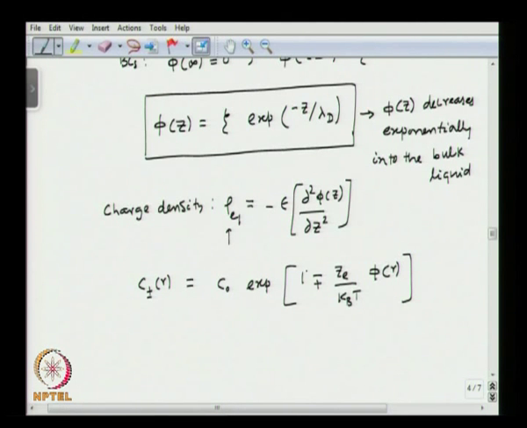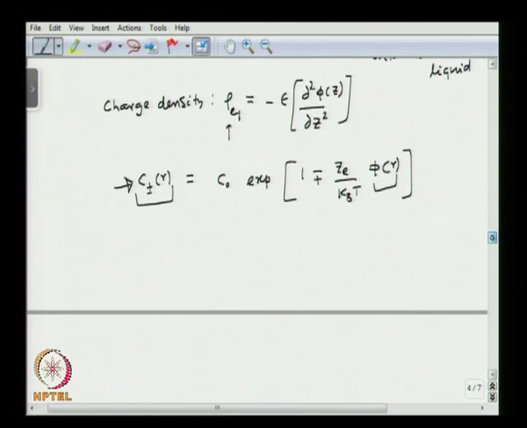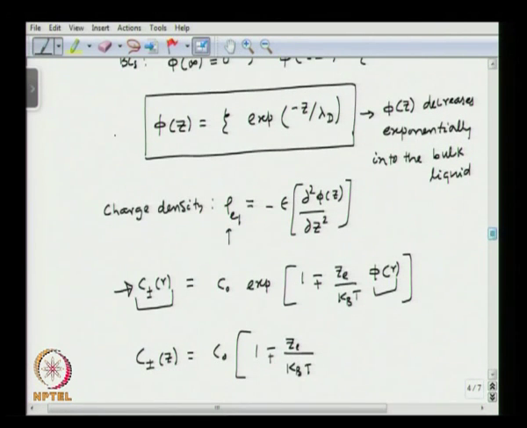So this is the general expression for the ionic density, knowing the potential distribution. So we can write, in this one dimensional case, C plus minus of z will be equal to C0 into exponential of minus plus Z e phi z over kBT, and we have an expression for phi z here.